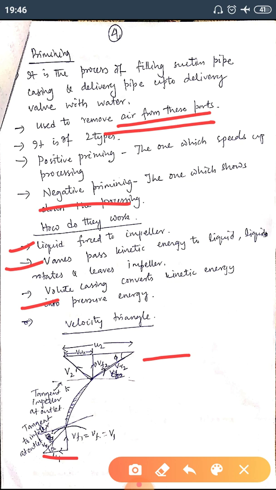W is the work done per unit weight of water, and Vw2 is the whirl component of absolute velocity at jet outlet. Vw1 is the whirl component of absolute velocity of the jet at inlet.